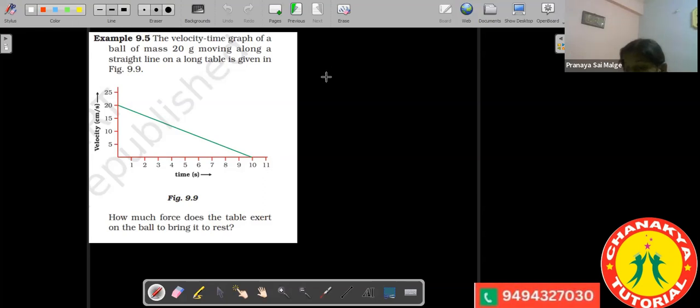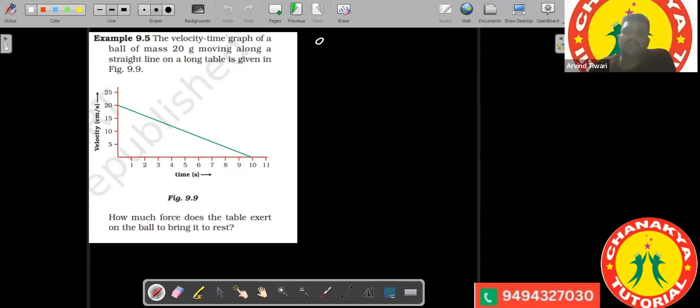If you are calculating acceleration in the same units which are given, it will be final minus initial. So final is 0 minus initial, which is 20, and divide by time, which is 10. So it's minus 10 centimeter per second square.